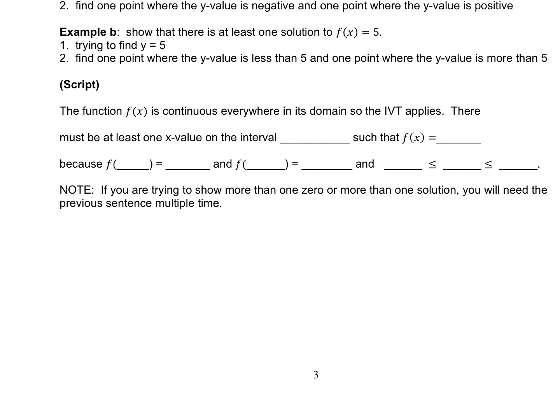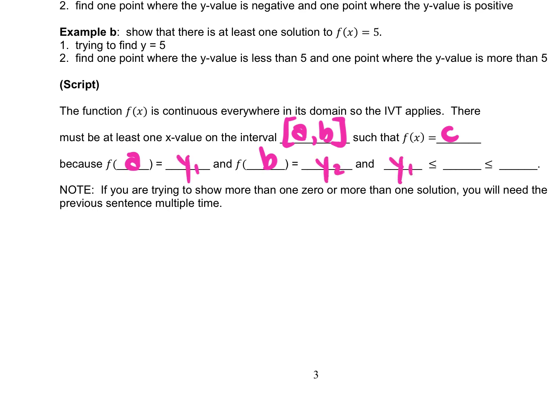Okay, the beginning conditions. F of x had to be continuous everywhere on its domain so that the intermediate value theorem applies. There must be at least one x value on the interval, whatever it is, like a to b, such that f of x equals, I'll just say c. Because f of a is one number, and f of b is another number, and those two numbers, I'll just say y1 and y2 here.